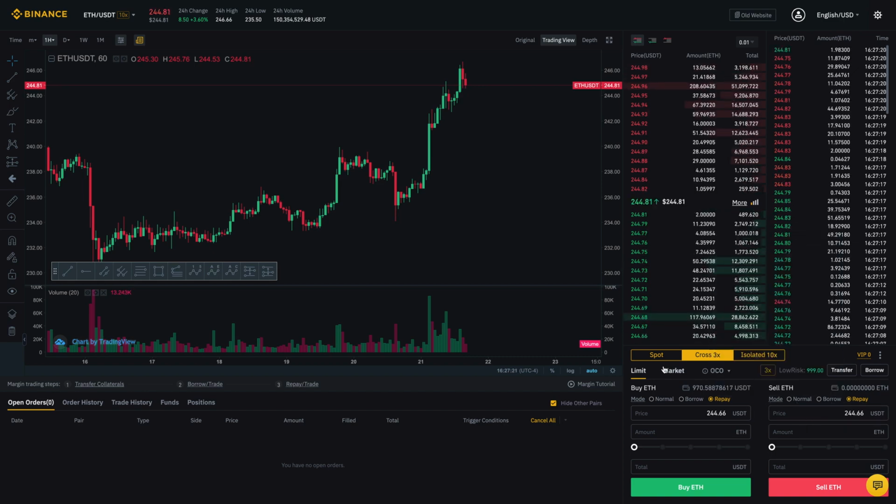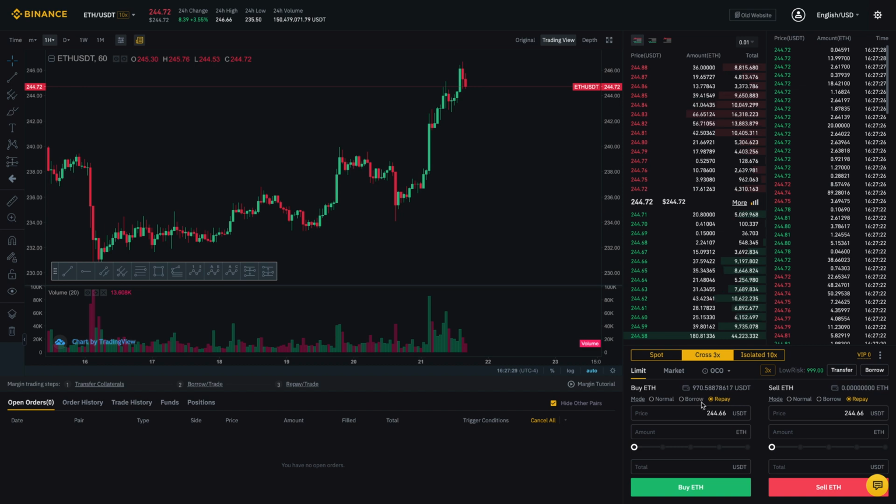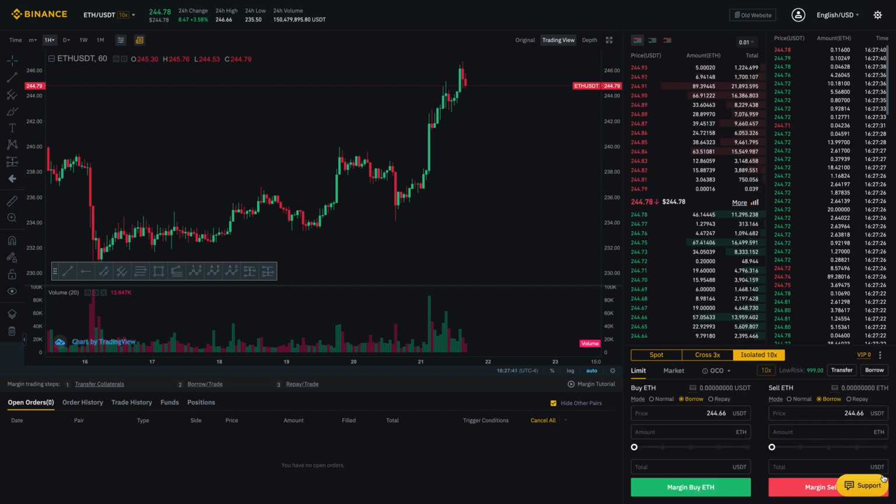So pretty much the only difference between spot and cross is that you can borrow on margin or trade on margin, and there are some functions here that allow you to borrow and repay. Now, isolated, I haven't created that, but if you haven't, you're going to have to create one. Just click on that. And the only difference between isolated and cross is just how the risk is calculated. Isolated means that it's only for Ethereum.